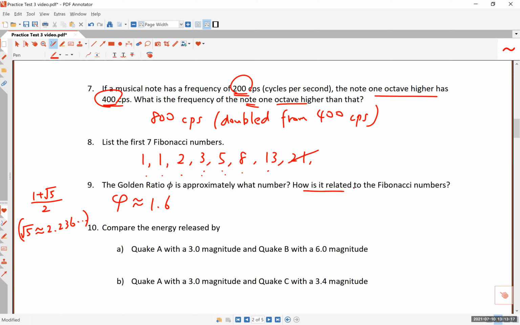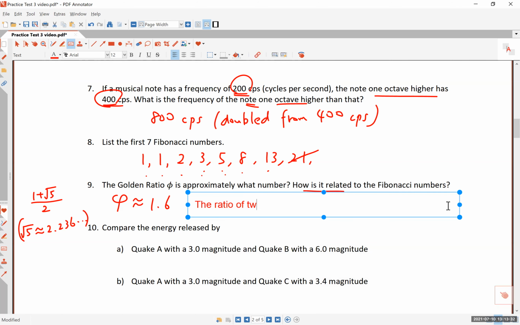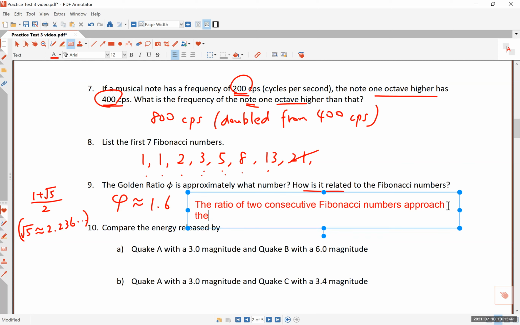How is it related to the Fibonacci numbers? For this one, maybe it's easier to write your answer in words. I'm going to type it in. The ratio of 2 consecutive Fibonacci numbers approaches... The subject of this sentence is the ratio, and of 2 consecutive Fibonacci numbers is a prepositional phrase.